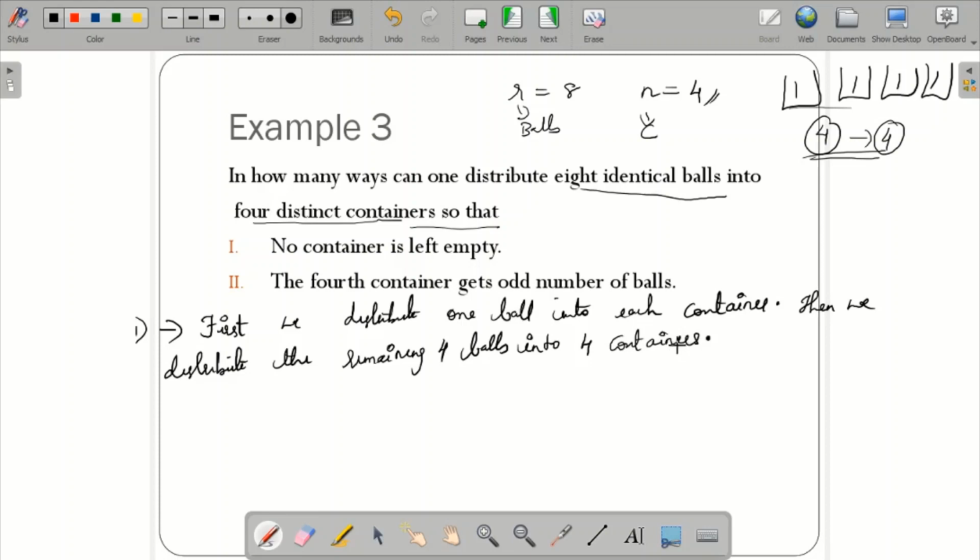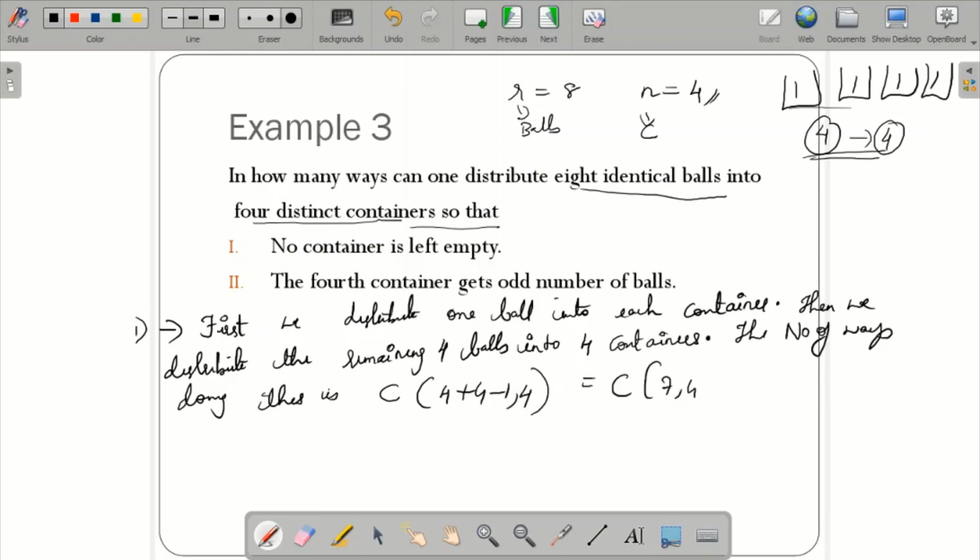The number of ways of doing this is combination of 4 plus 4 minus 1 comma 4. So this would give me combination of 7 comma 4. So that is nothing but 7 factorial divided by 7 minus 4 is 3 factorial into 4 factorial. So this would result in 35 ways.